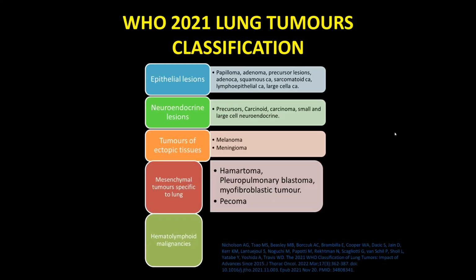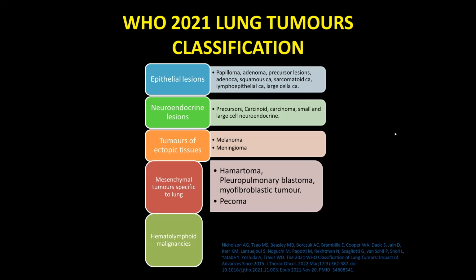So this is the WHO 2021 revised classification of lung tumors. The broad categories are the epithelial lesions, into which the routine adenocarcinoma, squamous carcinoma, large cell carcinoma fall. And then you have the neuroendocrine lesions, the carcinoid and the malignant types, which are the small cell and large cell neuroendocrine tumors.